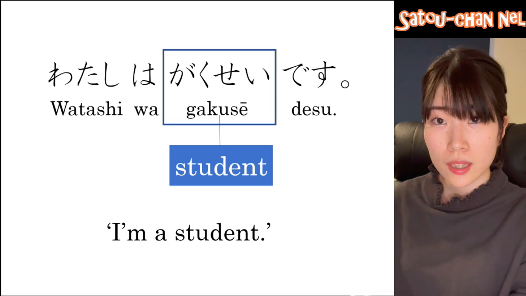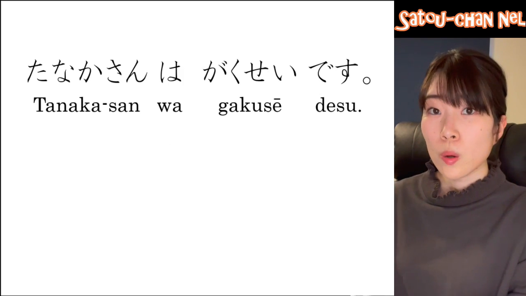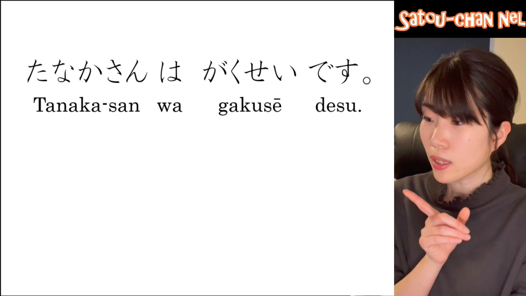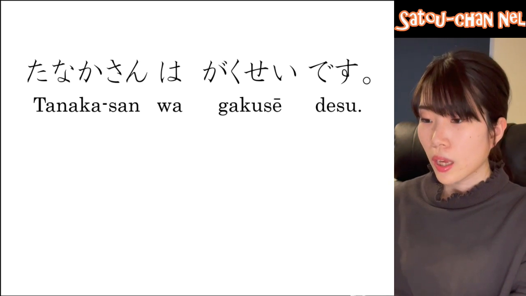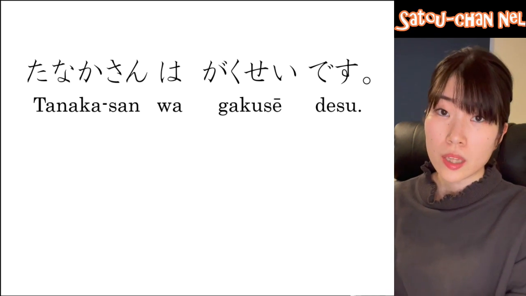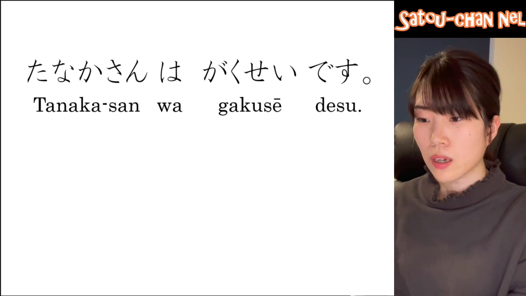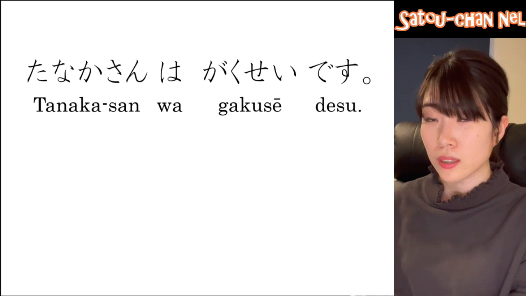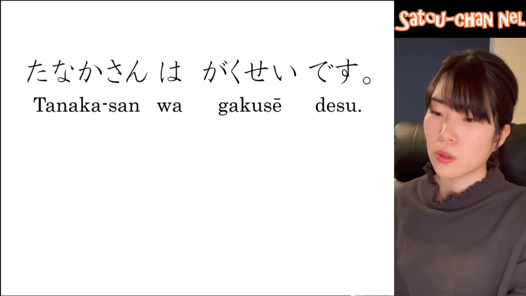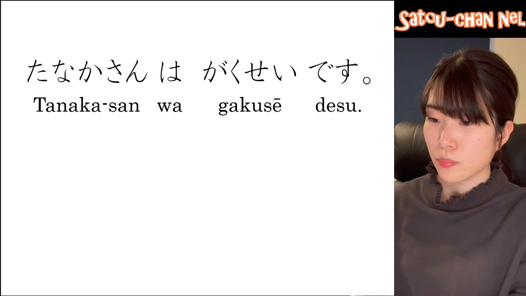How about this one? 田中さんは学生です。X は Y です。Same structure. And 学生, what was it? Student. Tanaka is also a common last name in Japan.